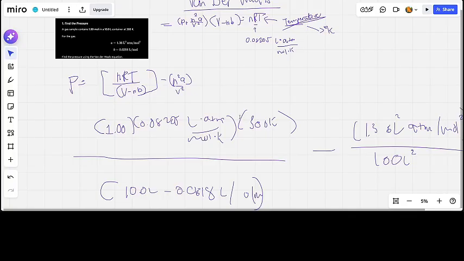10.0 liters minus 0.0318. You're supposed to times it with a 1 squared, I think. You're supposed to multiply it with 1 squared, then you're going to multiply this.